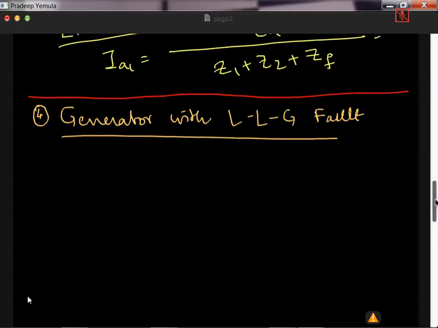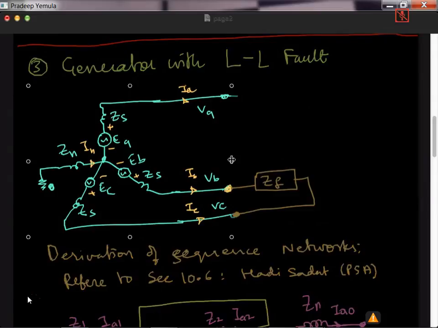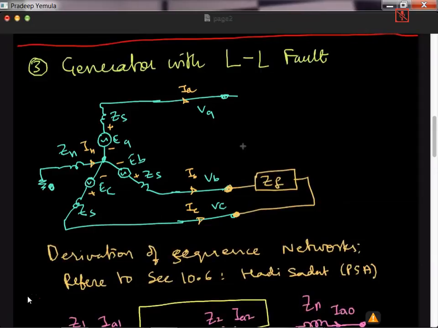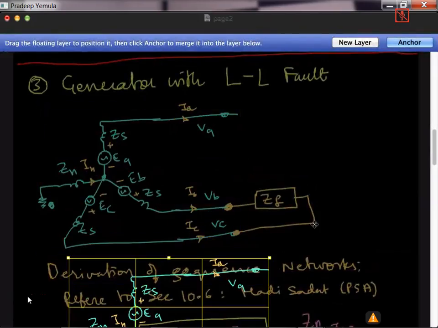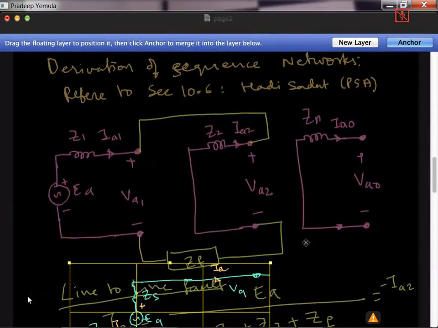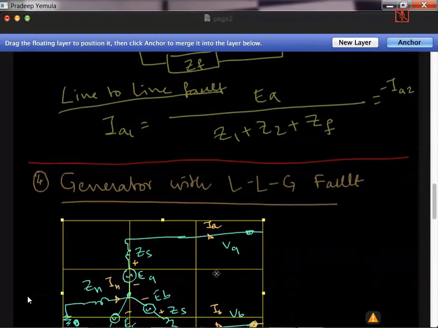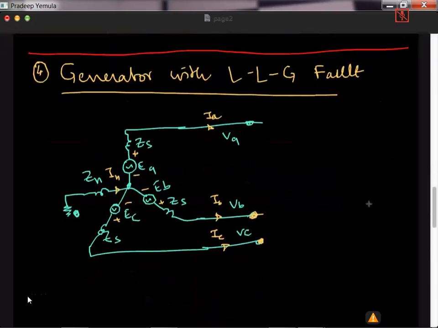So what I want to do is again I copy my generator. So this is my generator. On this generator, I want to create an LLG fault.